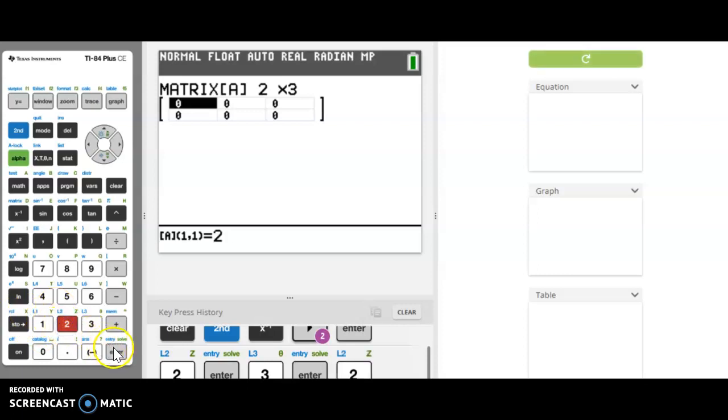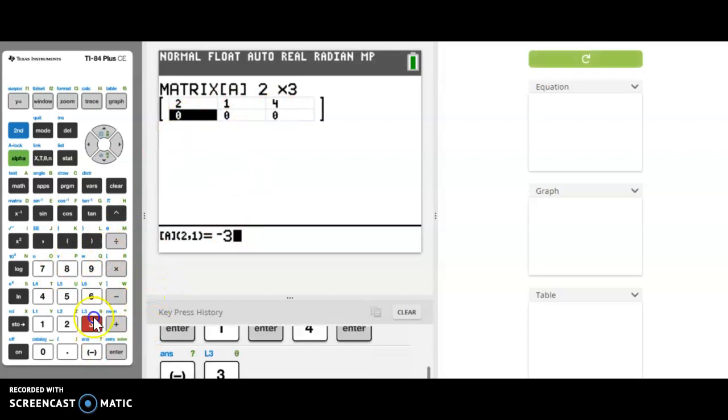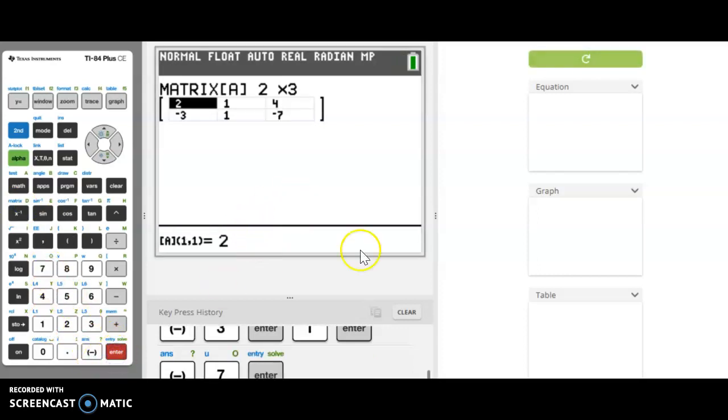That was 2, 1, 4, and like I said, the bar is just there, so it sort of represents the equal sign. Doesn't matter in the matrix here. And then negative 3, 1, negative 7. Okay, I double check it. 2, 1, 4, negative 3, 1, negative 7.